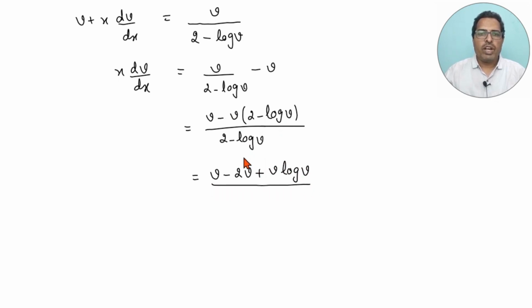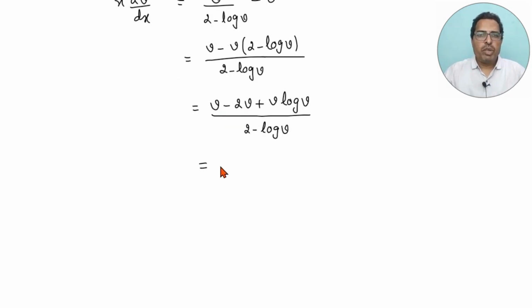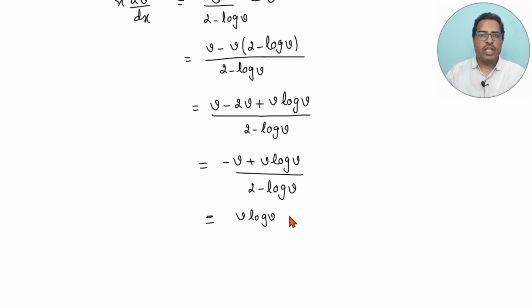It is whole divided by, in the denominator you have 2 minus log of v. So v minus 2v will be minus v plus v times log of v divided by 2 minus log of v. We can further simplify this as, first I will write the positive value v log of v, then the negative value minus v, whole divided by 2 minus log of v.